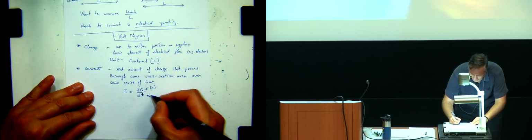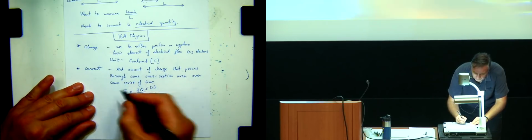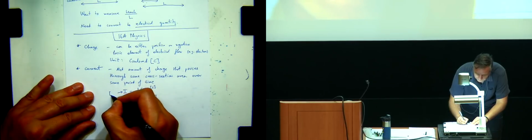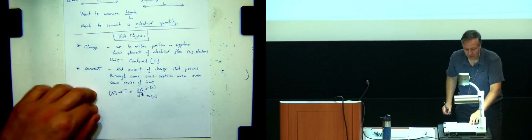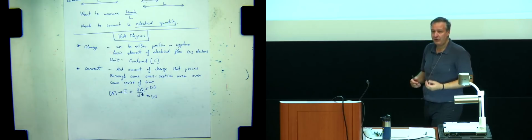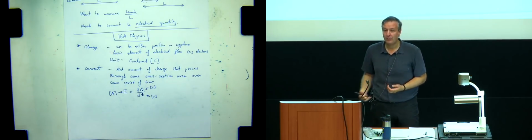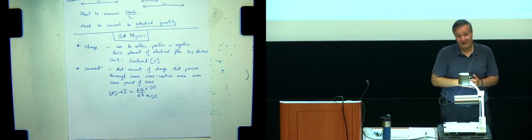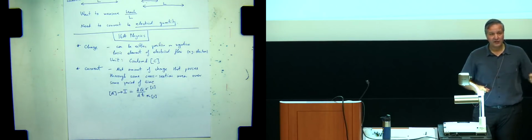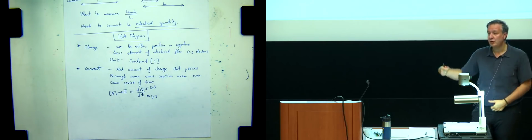The unit for time is seconds, and the unit for current is ampere, A. So you also see that ampere is related to coulomb per second. That's its definition.